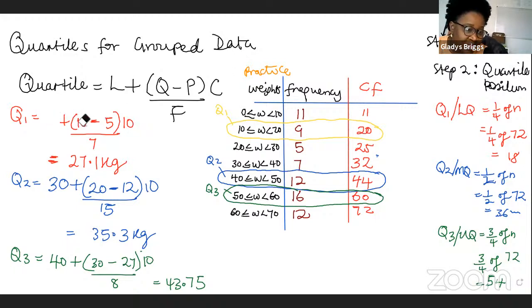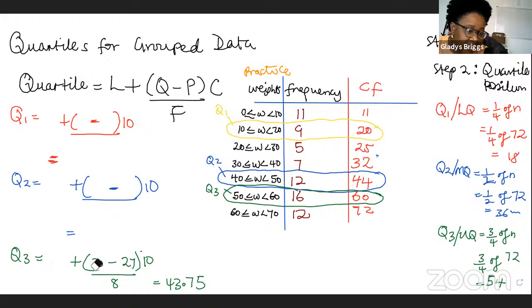I'm going to rub all these things off. This one is the same. This is going, this is staying.